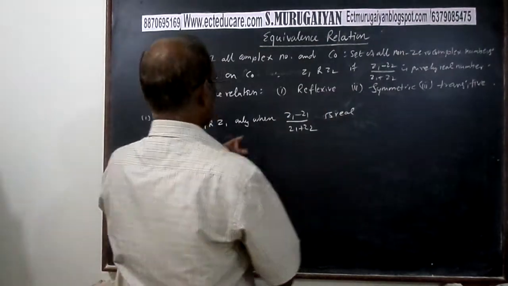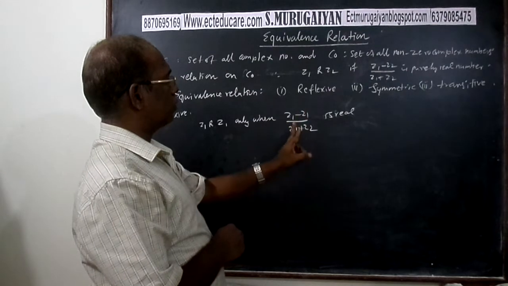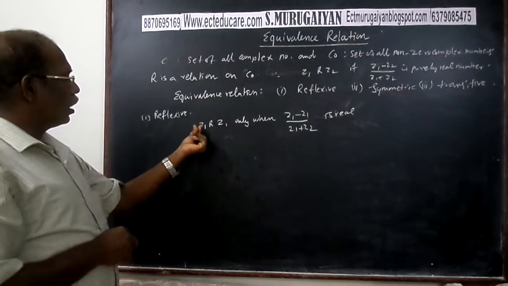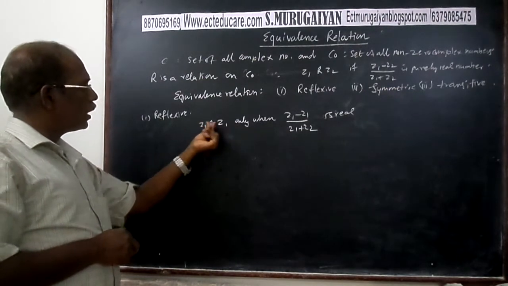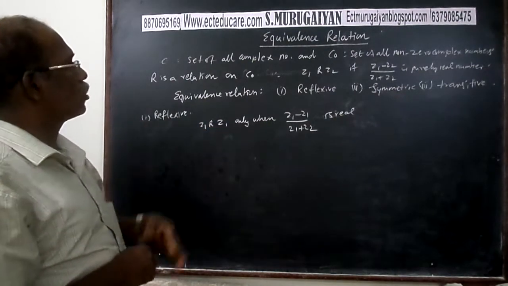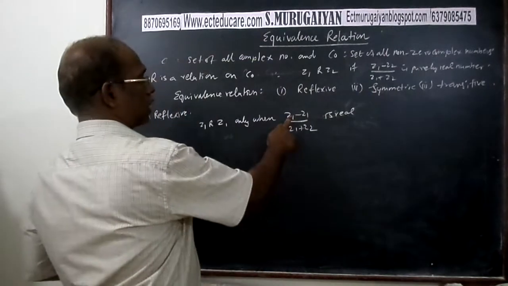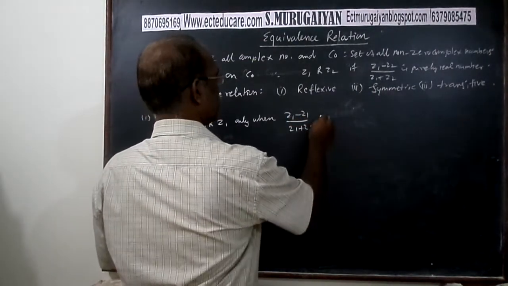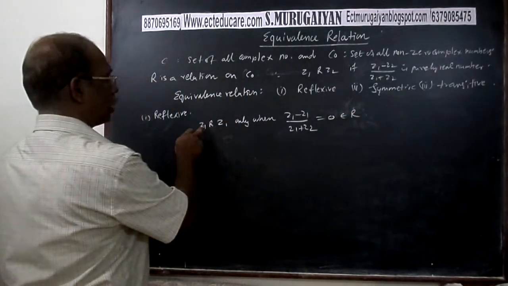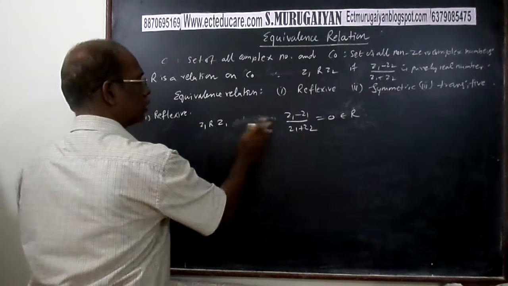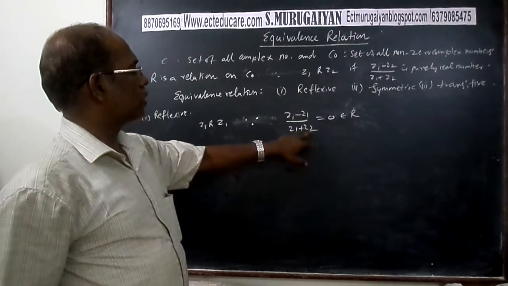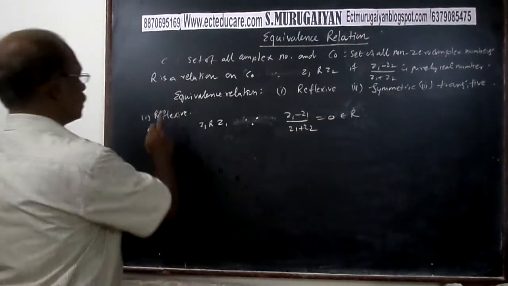So it is a real number. Whenever (Z1 minus Z2) by (Z1 plus Z2) is a real number, Z1 is related to Z2. So here the pre-image and image coincide. Whenever the pre-image and image coincide, the relation is said to be reflexive. Because Z1 minus Z1 equals 0, and this 0 is a real number, Z1 is related to Z1. So this is reflexive.